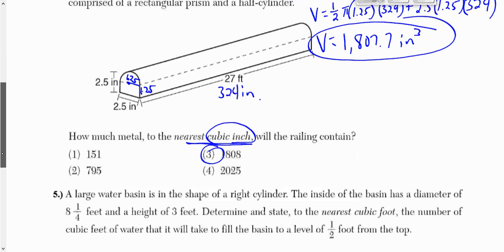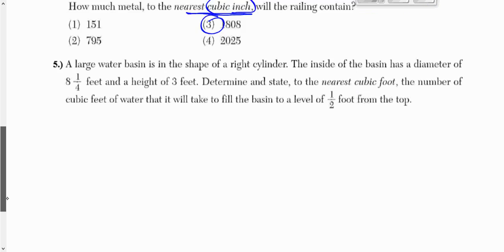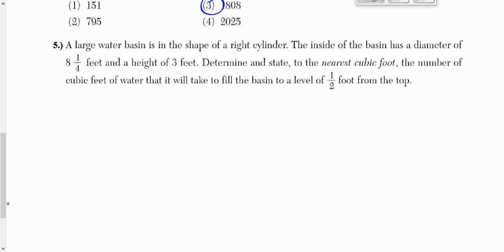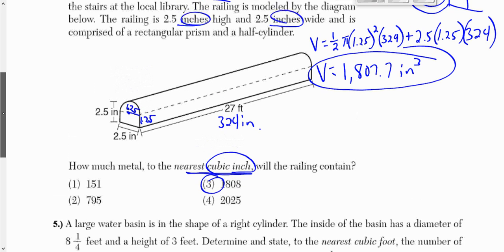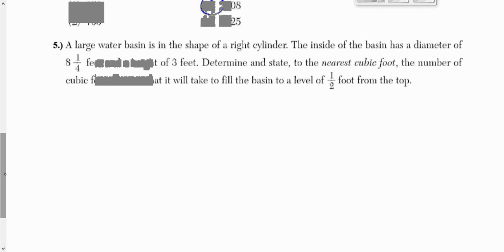All right, number 5. So think about this one. Make a nice sketch of it. Do you have an issue there, Olivia? No. Good. Okay. Let's go to number 5. Read it over. Check your units, right?